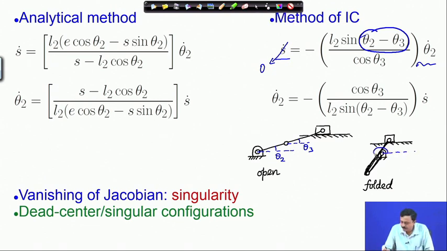So, this angle is theta 2 and the angle theta 3 is this. You can very easily see that theta 2 is theta 3 plus 180 degree.